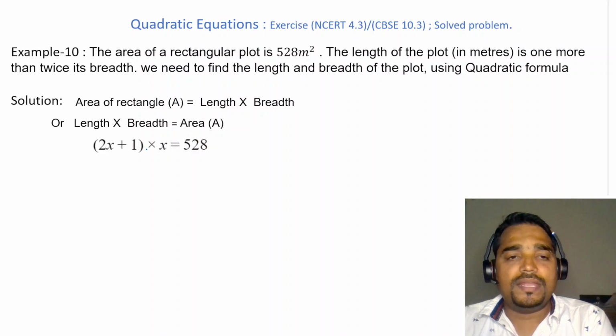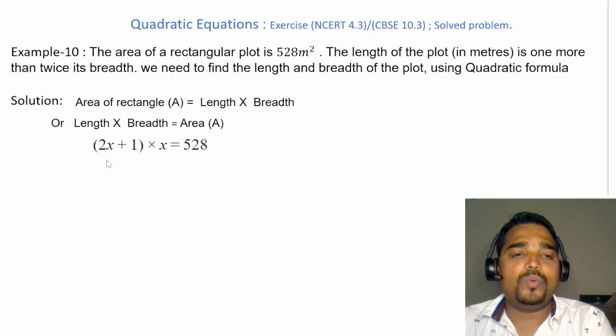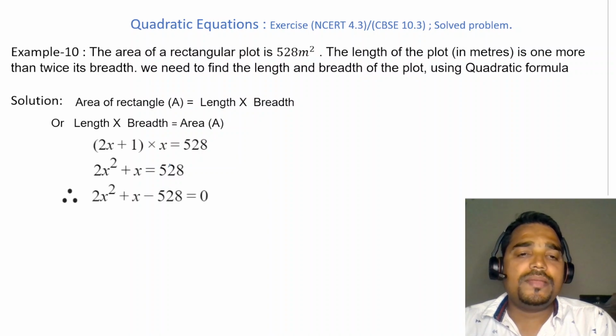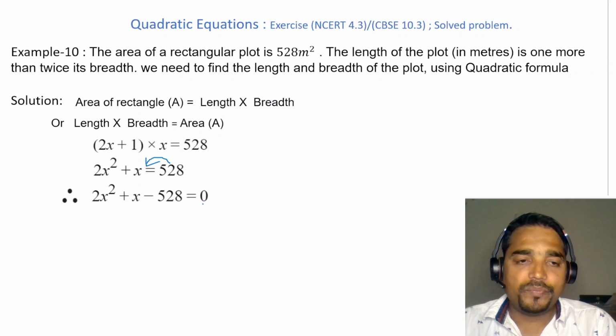In order to simplify the LHS, multiply x with both the terms. x multiplied by 2x would be 2x square. Also x multiplied by 1 is x, equal to 528 as it is. In order to find the value of x, transpose 528 towards the LHS. Plus 528 would become minus 528. That is, the final equation would be 2x square plus x minus 528 is equal to 0.